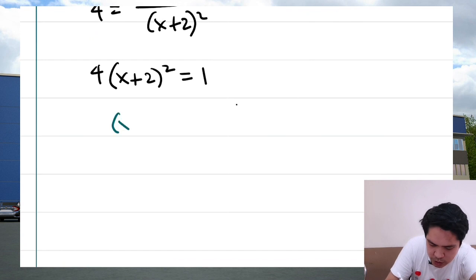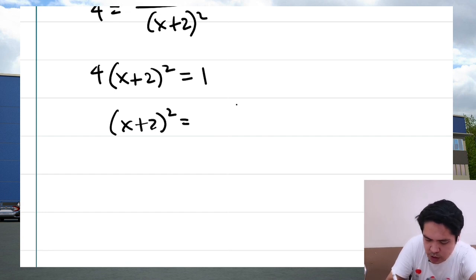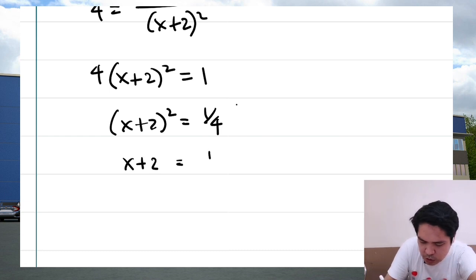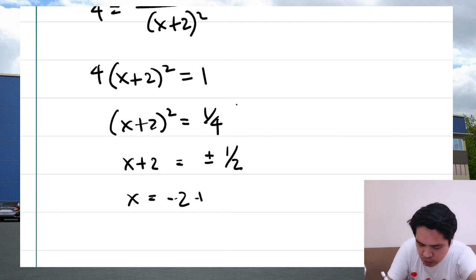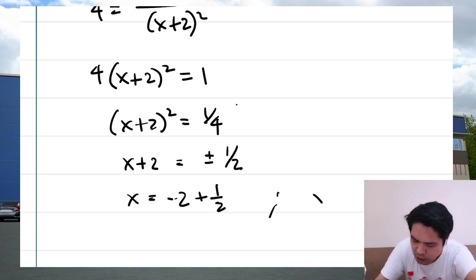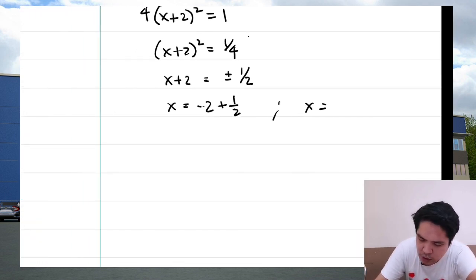Okay, so x plus 2 squared is equal to 1/4, and you extract the root of both sides, you'll have x plus 2 equal to positive and negative 1/2. So x is equal to negative 2 plus 1/2, and also x is equal to negative 2 minus 1/2.